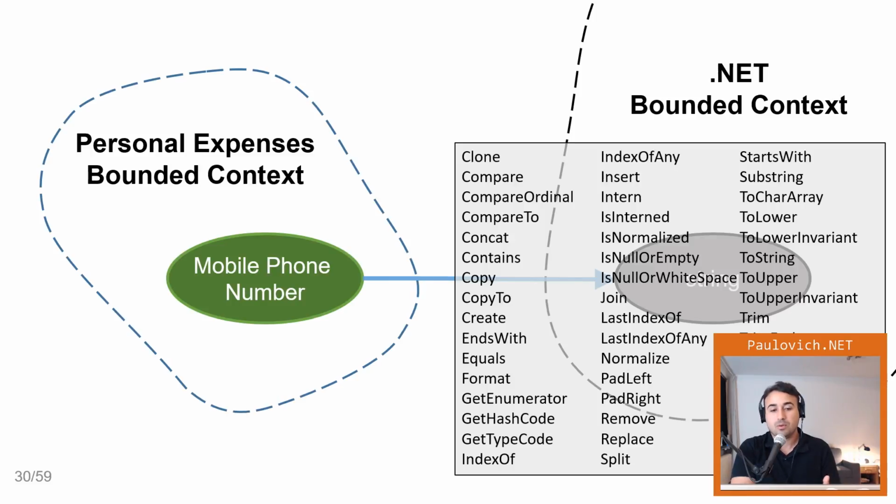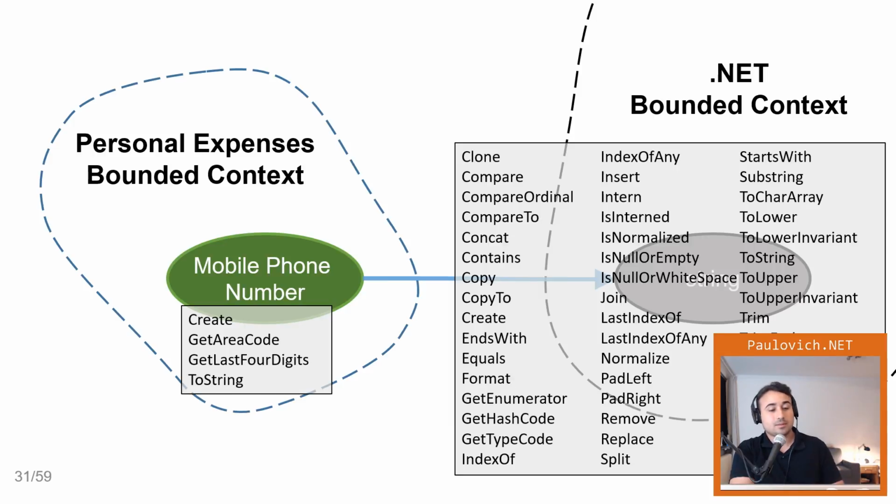I don't want to know these methods. Instead, usually on the mobile phone number, I have get area code, get last 4 digits. This may be useful when dealing with a mobile phone number.